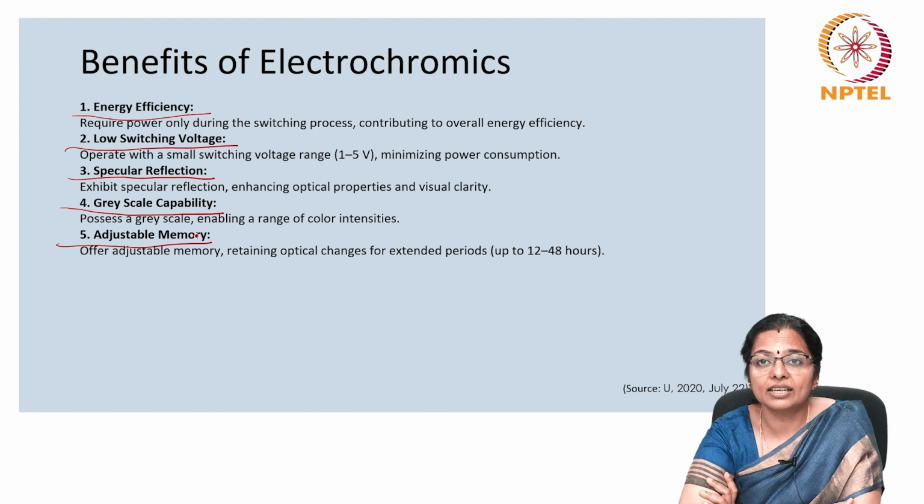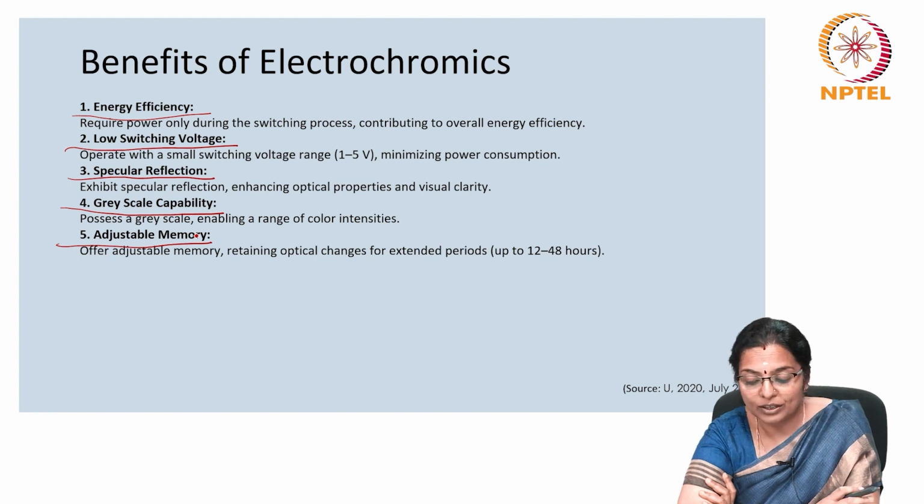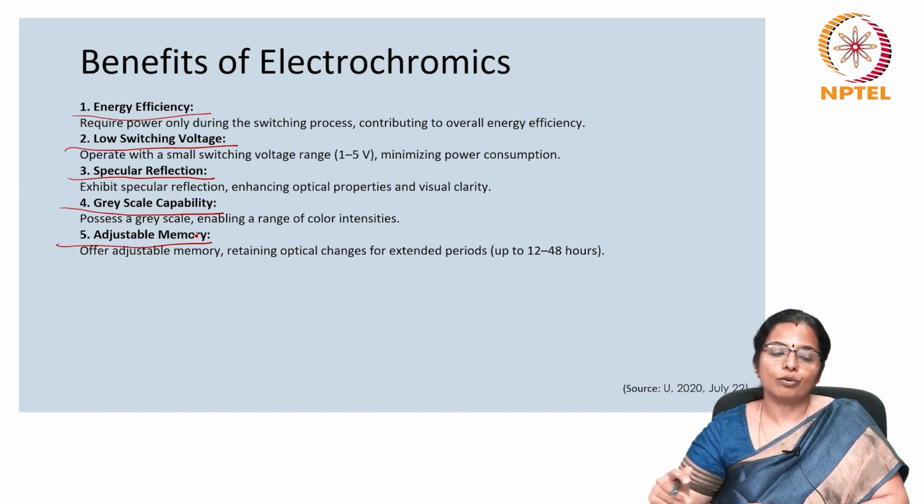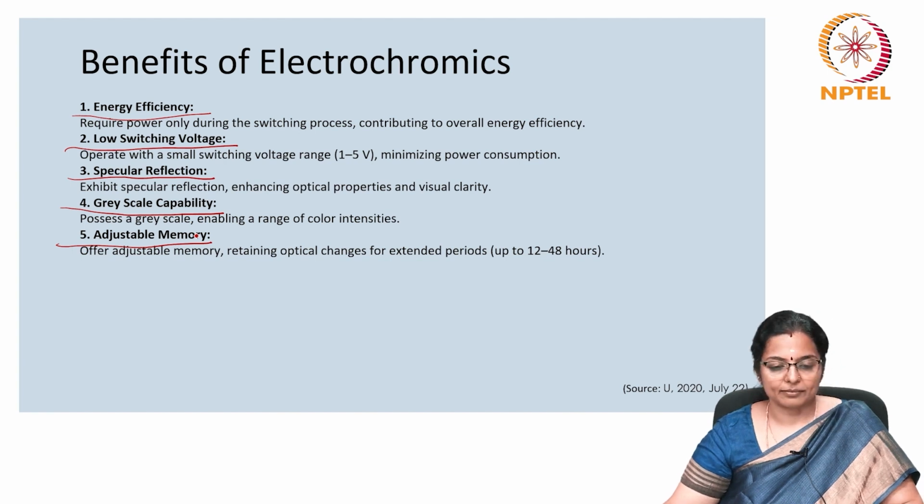They can remember the colors even for 12 to 48 hours. They can retain them, so you don't have to keep changing them. Overall, electrochromics are a very new, different, innovative way for saving energy. They look aesthetically pleasant and give us a lot of color options.